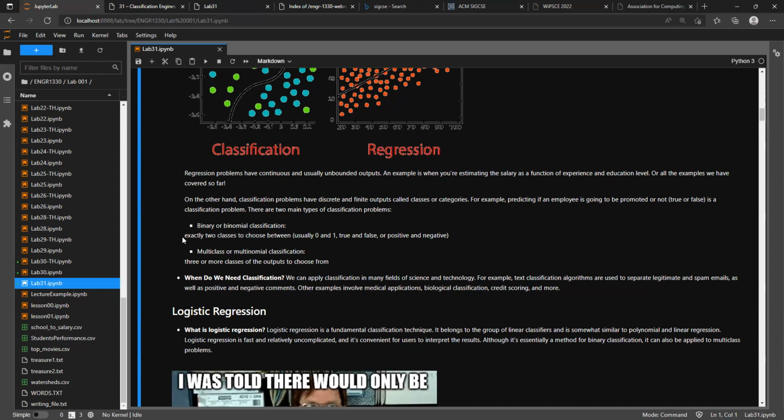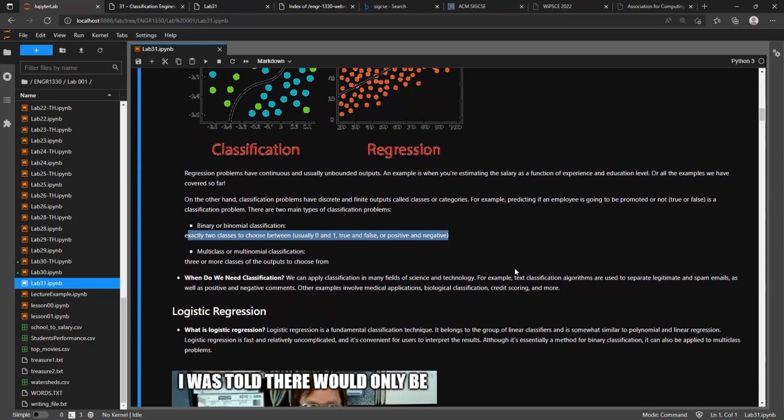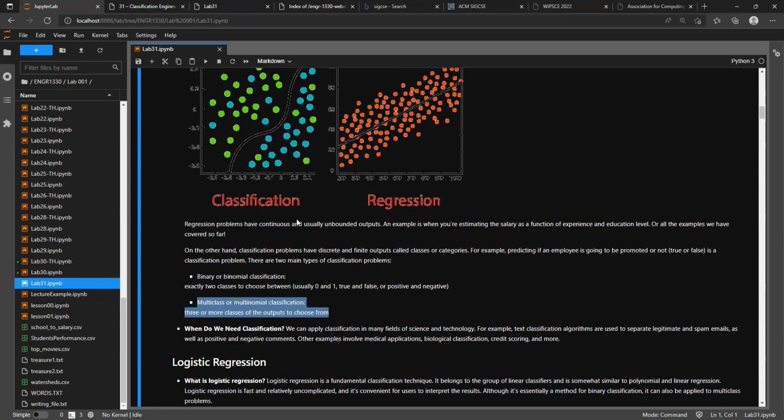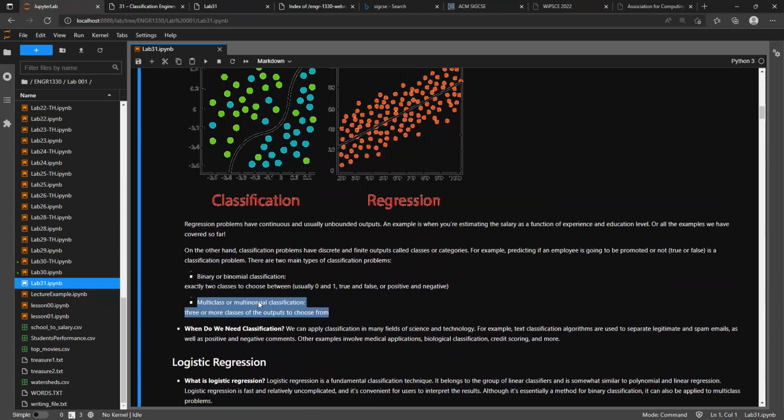So either our data can be one thing or another, so green or blue, or promoted or not promoted, or take your pick. Or we have multi-class, meaning there can be as many options as you wish. Now, the more options you have, the difficulty and computation time explodes.